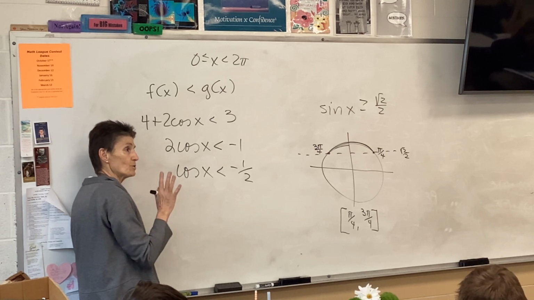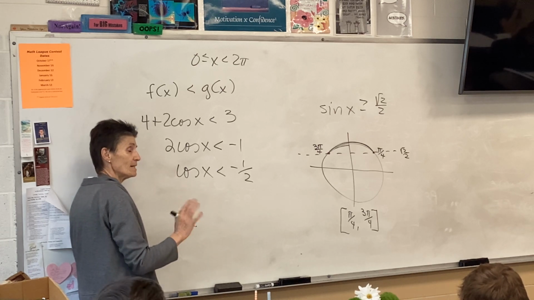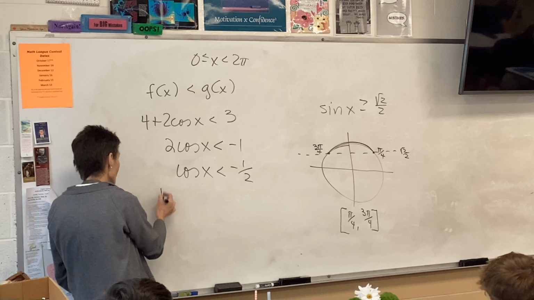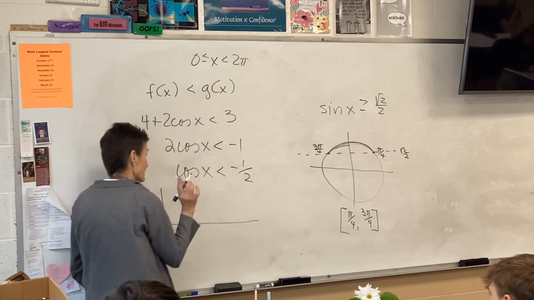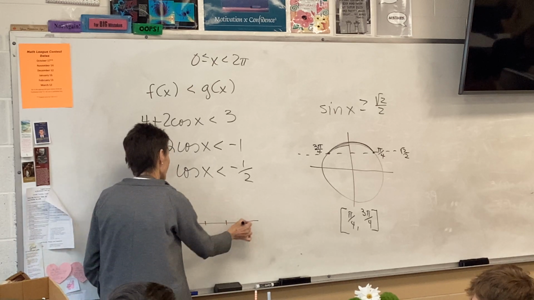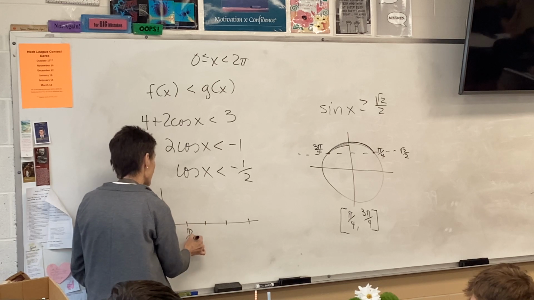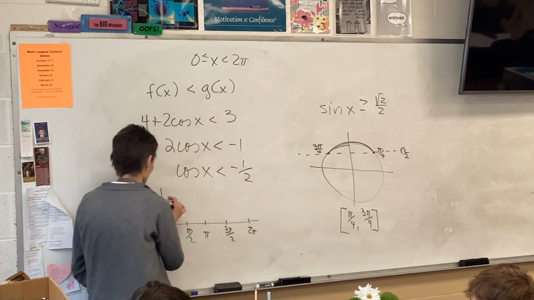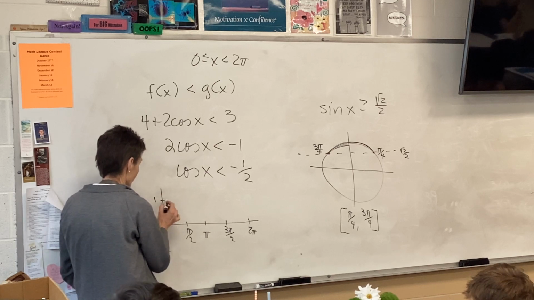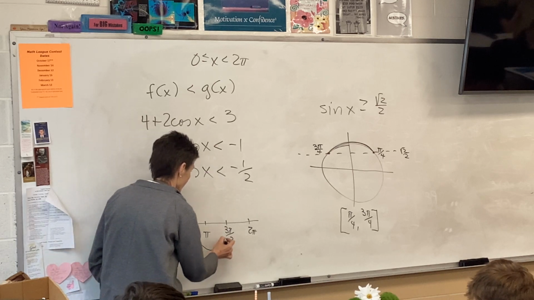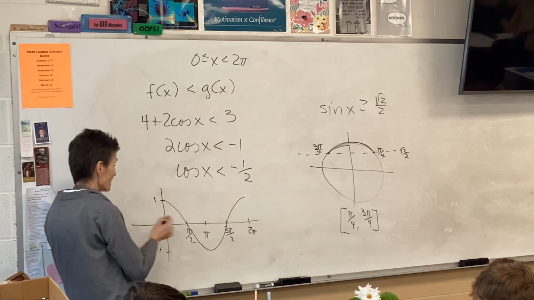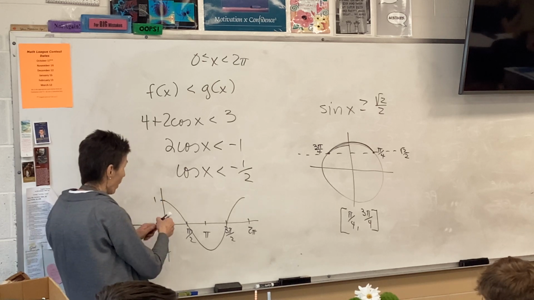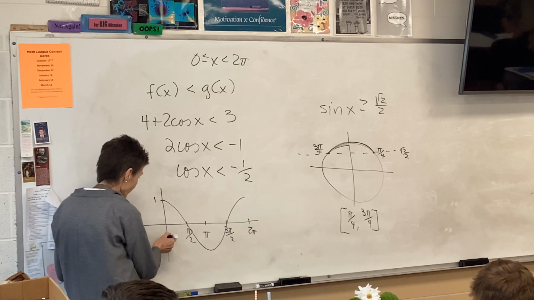Now you've got 2 options here, and it doesn't make any difference how you do it. You could sketch a cosine curve, just like he did in his first example, just a regular old cosine curve. And somewhere on there, y's are -1/2.